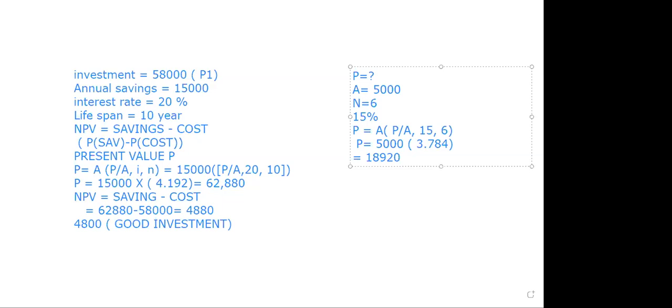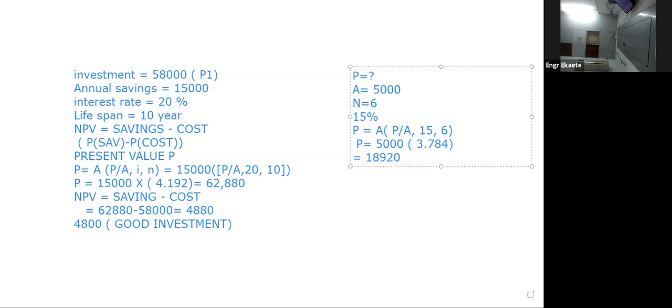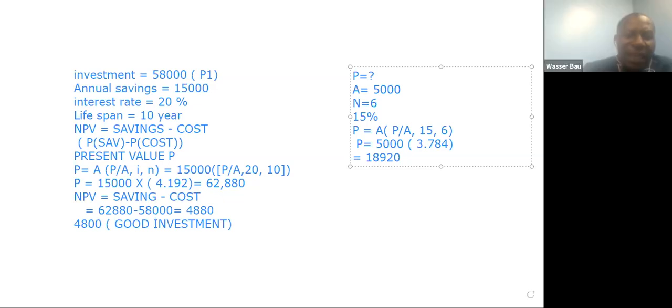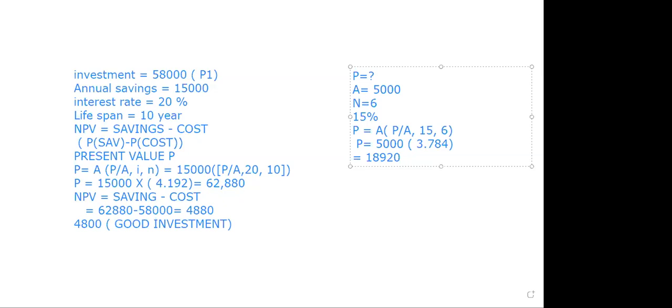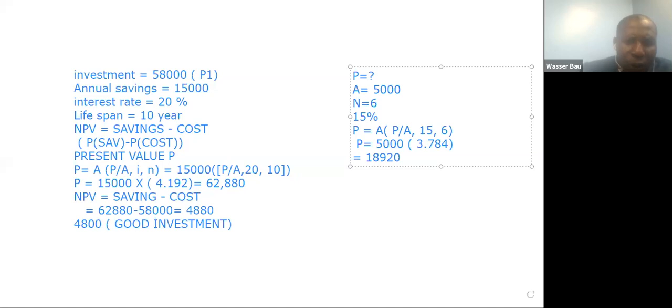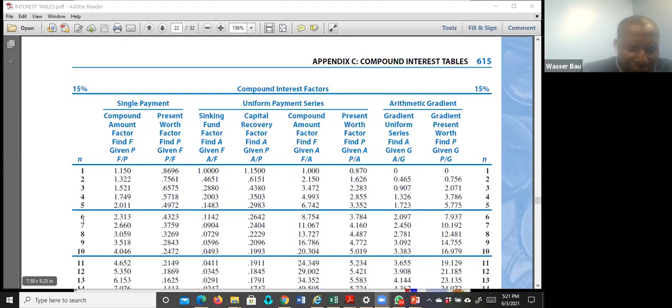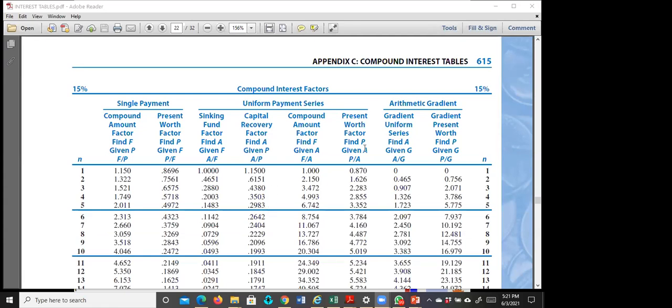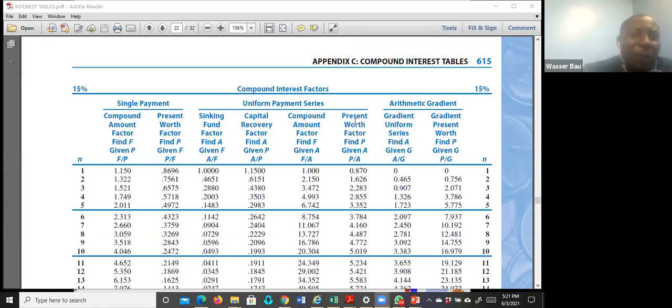Engineer Peter, you said page what? Page 22, at 15%. Each interest table has a percentage. It's one particular percentage. So when you get to the interest table, you look for the number of years. In this case, it's 6 years. And we are looking for the present worth.